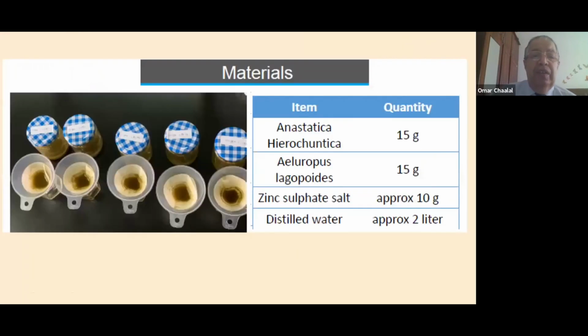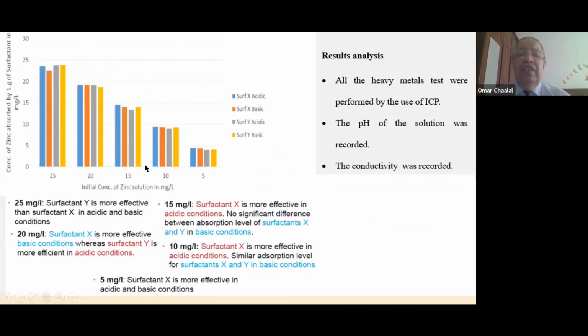Now, analysis. These are the items, the zinc sulfide distillation, and these are just procedure. Here, this is the most important slide. I am taking the zinc here.